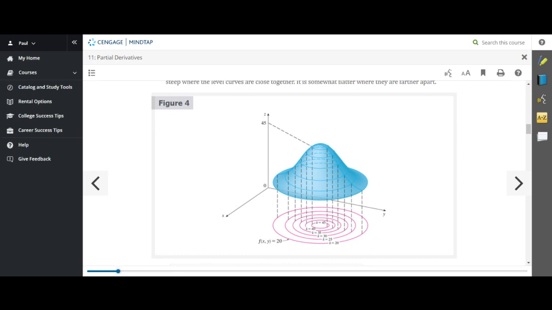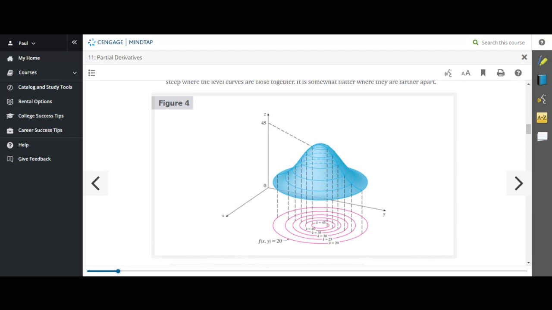So what's the smallest cut? Z equals what? Or f of xy equals what? F of xy equals 20. That's right. And then the next cut is at f of xy equals 25.